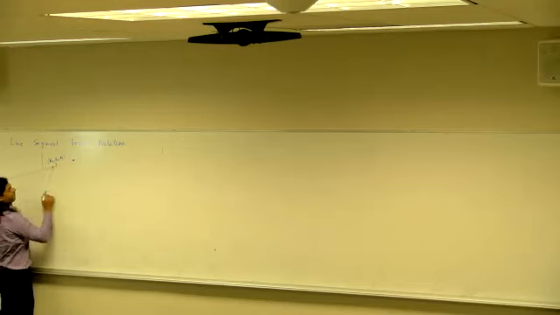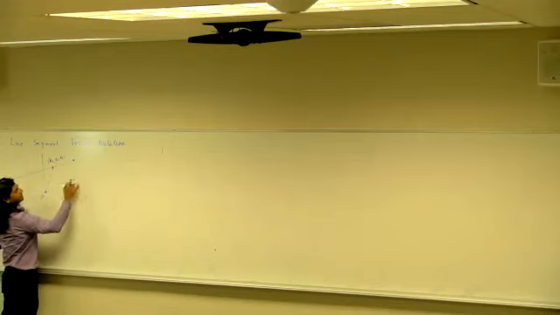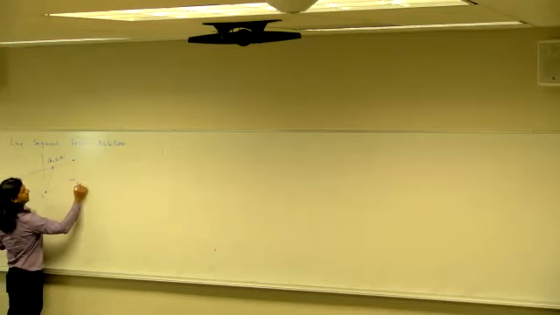Known point over here is my direction vector, A, B, C, I believe we call that V. Yes, the direction vector that we choose is parallel to that.